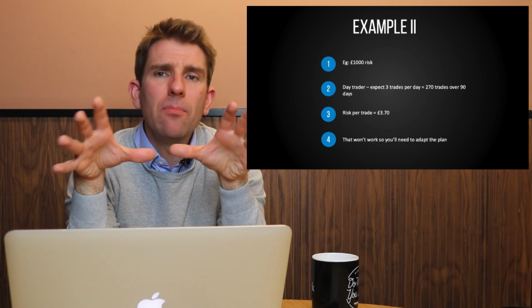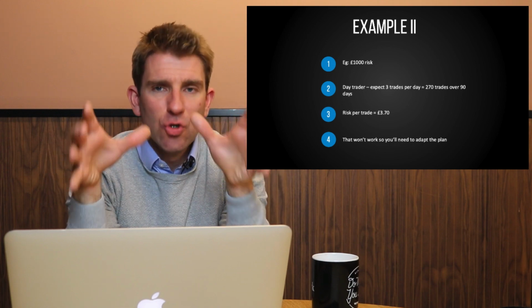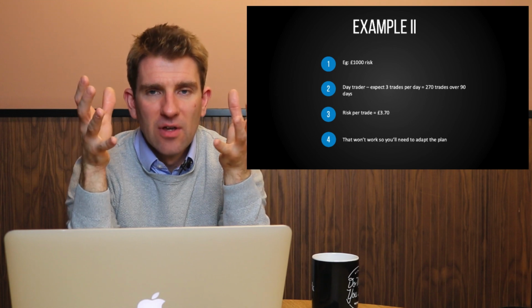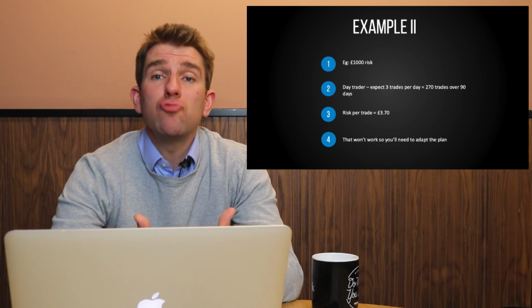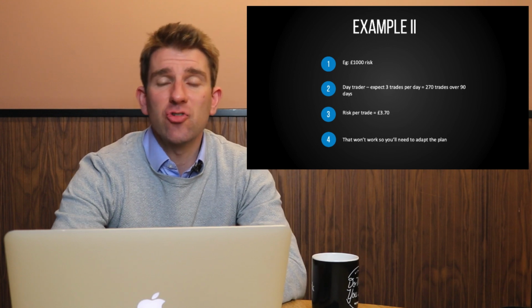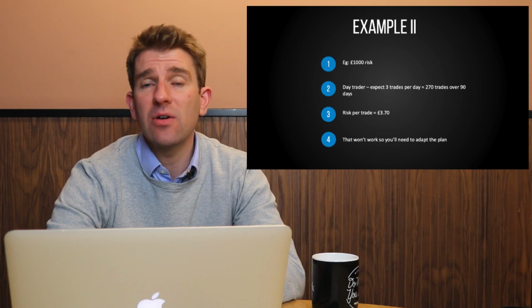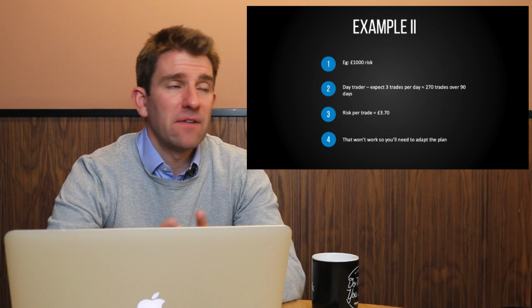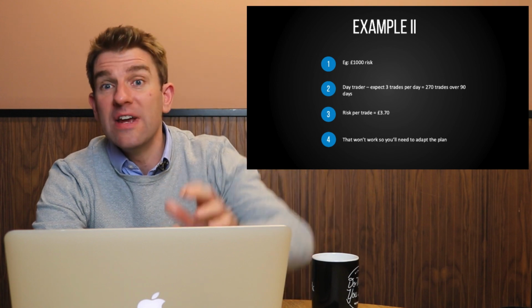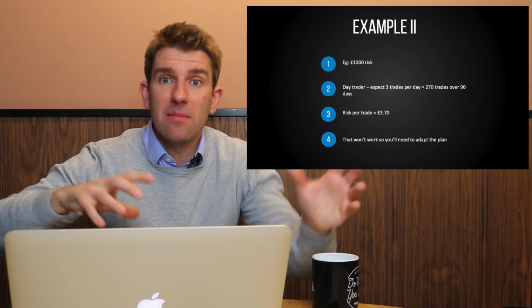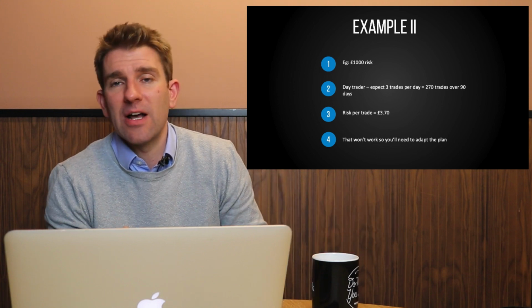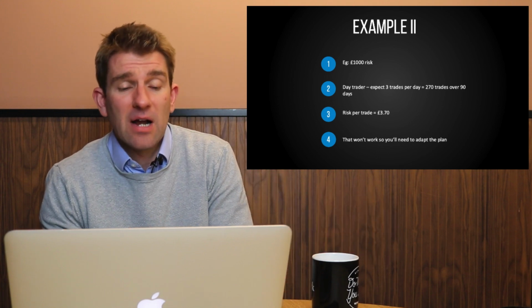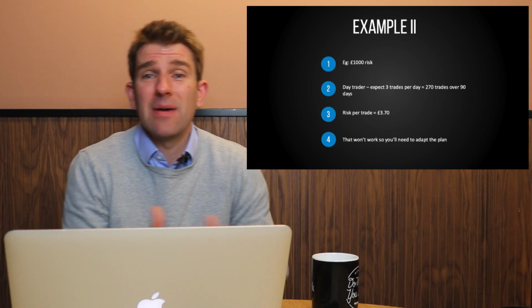It's important that all these things fit in with what you're trying to achieve. Maybe with the risk capital you've got, you can't day trade 3 times a day. Maybe you say, okay, I'm going to trade 3 days a week, which over the 90-day period might equal this, and that becomes a little bit better. I can risk £20 per trade. And if I increase my total risk to £3,000, that makes it £60.